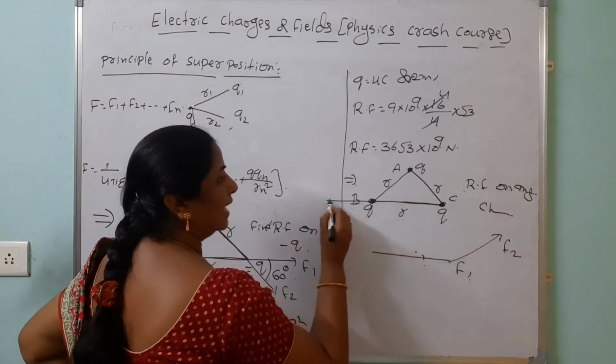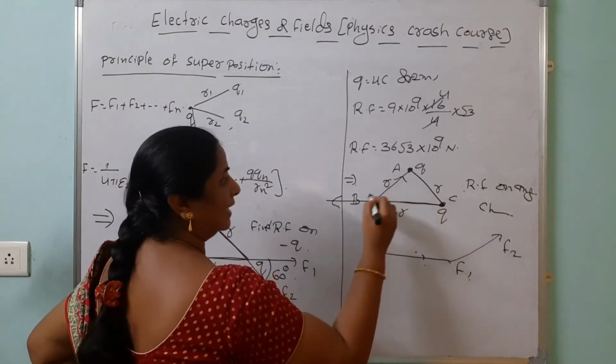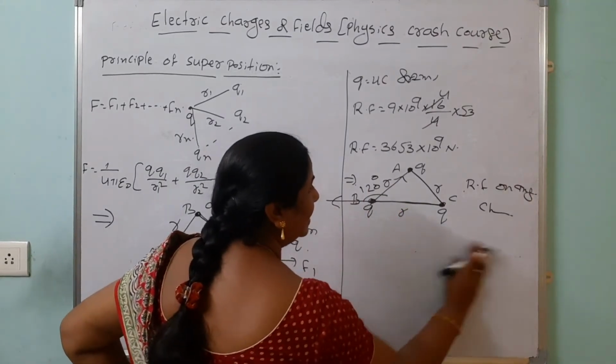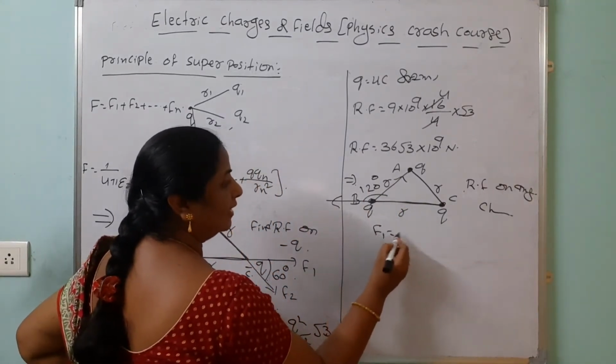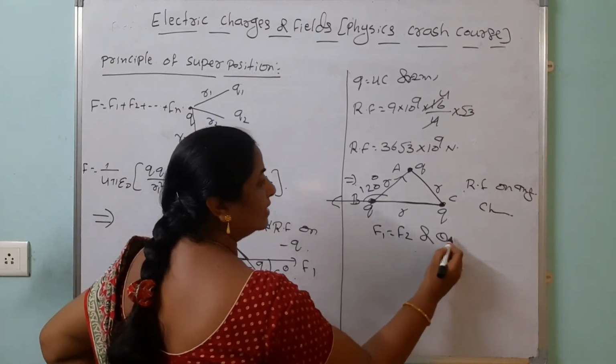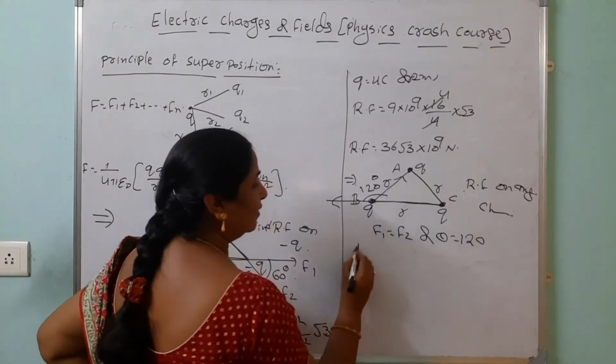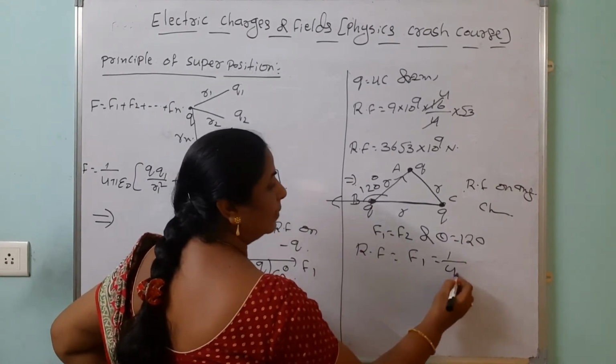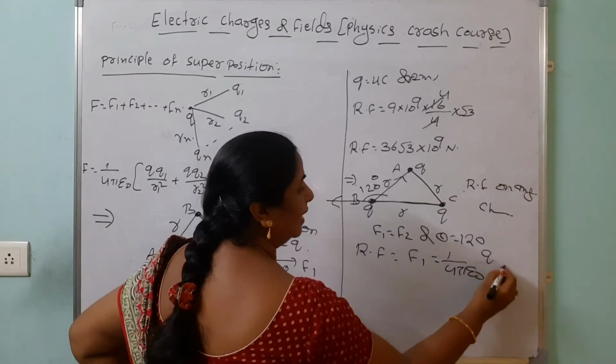See, one force is acting like this, another force is acting like this, and here how much angle is there? 120 degrees. If the angle is 120 degrees, here F1 equals F2 and theta is 120 degrees. What is the resultant force? The resultant force is either F1 or F2, we are getting 1 by 4 pi epsilon naught Q by R square.